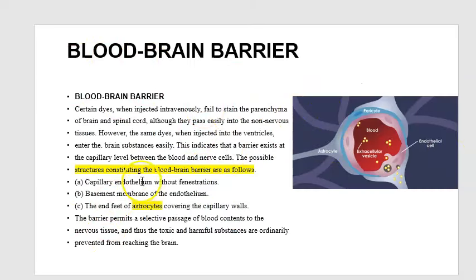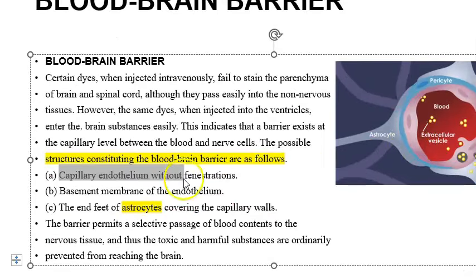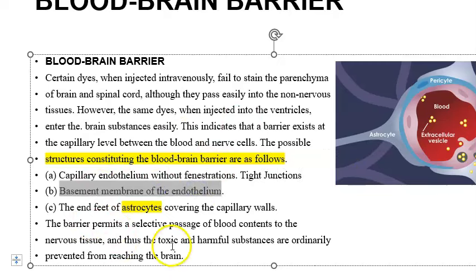For the components of the blood-brain barrier, you will say the endothelium of this blood vessel has no fenestrations, that is, no holes. So it will not allow the blood to just flow out or bigger things to exit the blood vessel. Also there are tight junctions in this endothelium. Then the basement membrane of the endothelium you should also say.